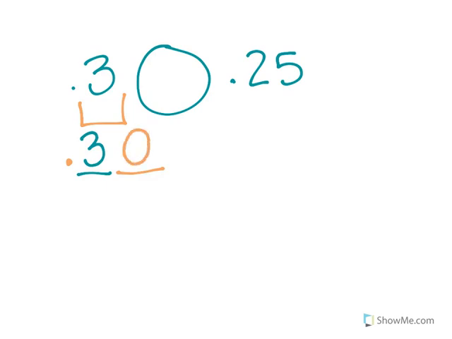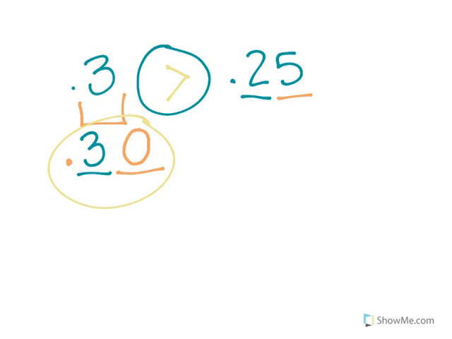It's now 30. This one already had the tenths place and the hundredths, so I don't have to change anything about it. So which one's bigger, the 30 or the 25? You're right, the 30 would be bigger, so in the end, 0.3 is bigger than 0.25.